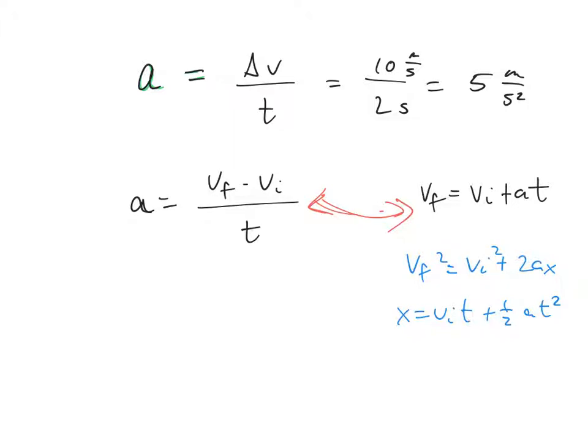Instead of this being added, I could just subtract AT on both sides, and that gives you VI. Or here I can find vi if I'm given displacement, acceleration, and final velocity, by moving 2ax, the whole thing, over, and then taking the square root of both sides. Technically, we get vi here also by moving this whole term over by subtraction and then dividing by time to get vi. So it really depends on the context of the problem.